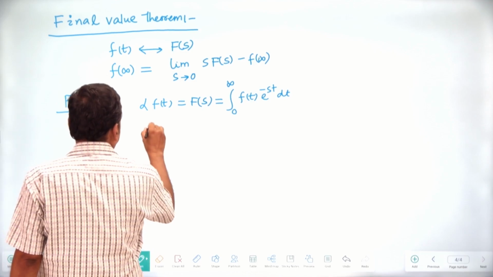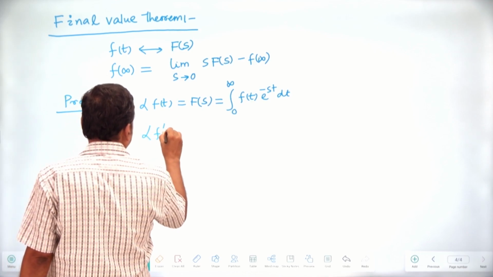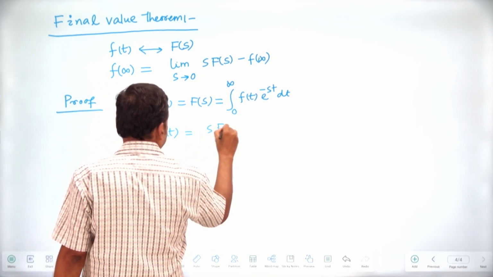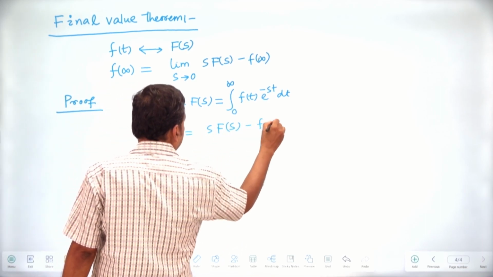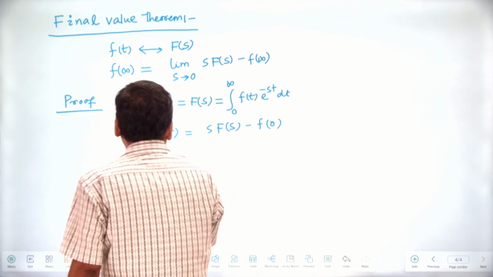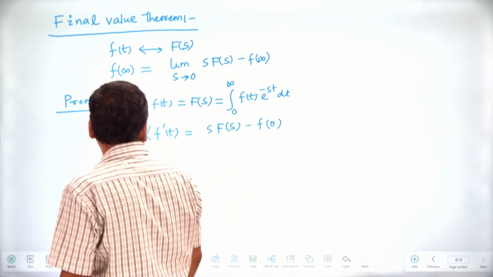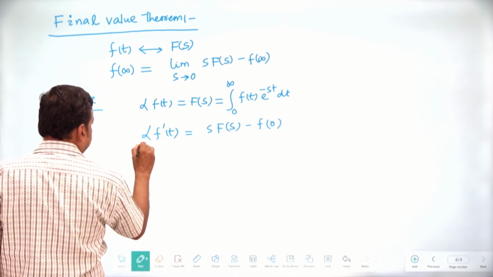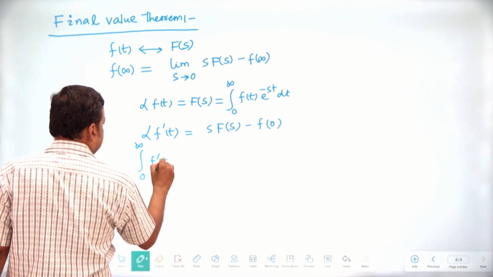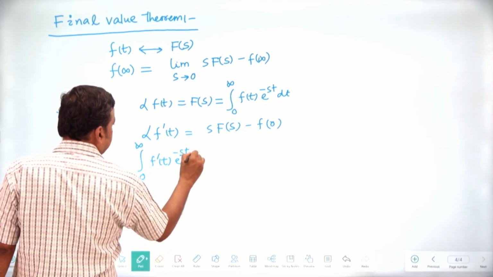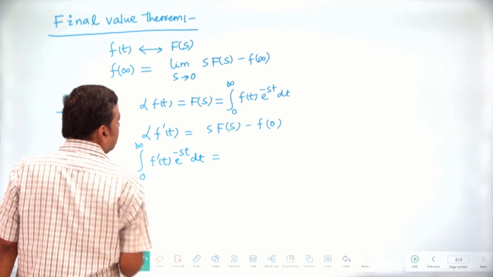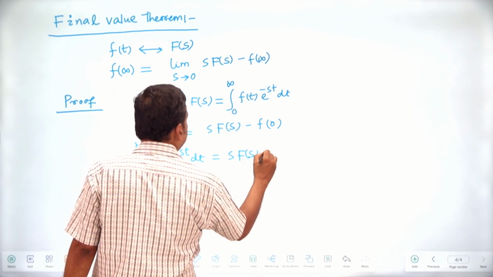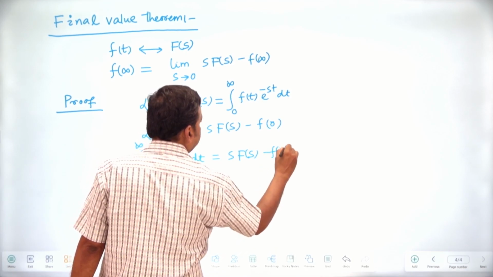For the derivative f dash t, the Laplace transform is s F(s) minus f(0). So the integral from 0 to infinity of f dash t e to the power minus st dt equals s F(s) minus f(0).